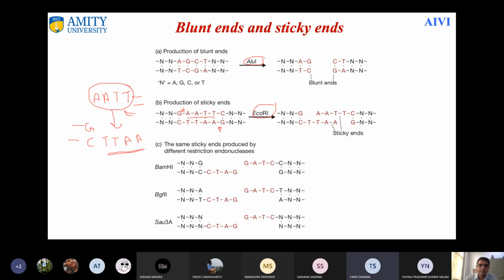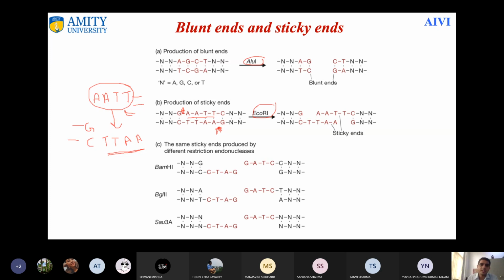What should I repeat? The last part. So staggered means it is producing a cut at different locations. In one strand at one location, in the second strand at another location. That is called the staggered cut.